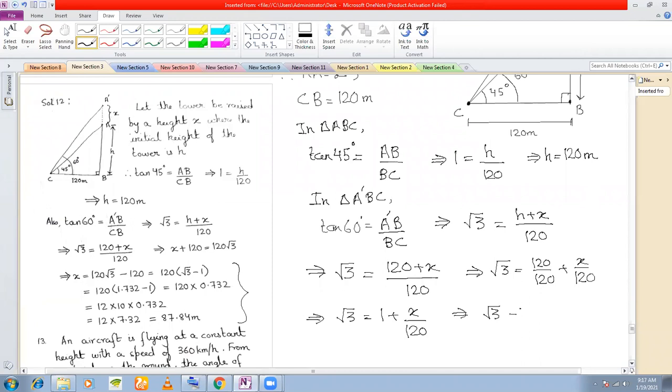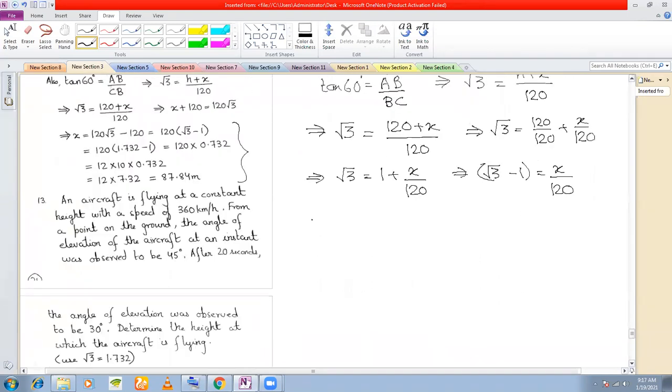That means root 3 minus 1 is equal to x by 120. That means x is equal to 120 times (root 3 minus 1). I will simply put the value of root 3 here.